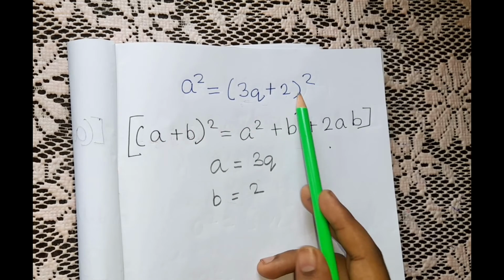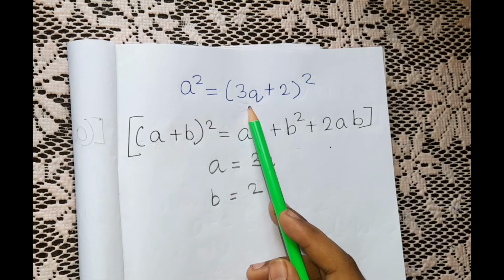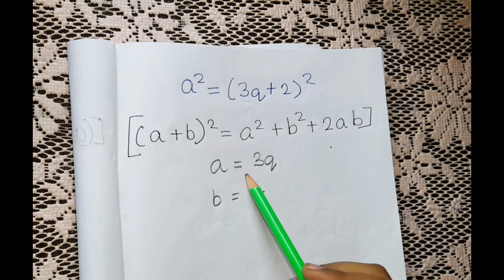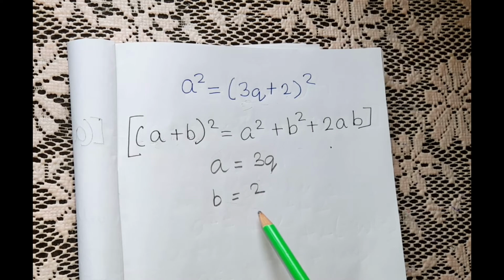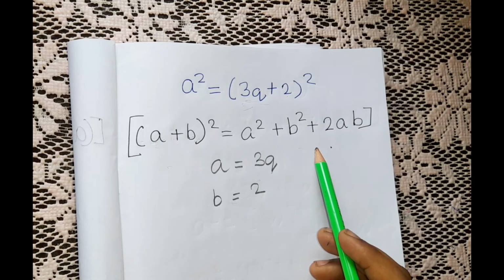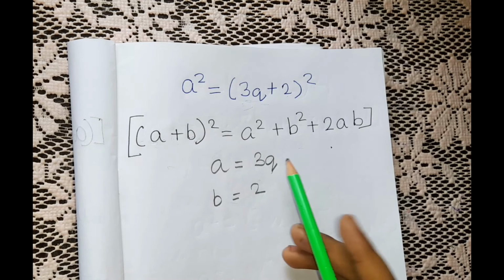So here in the a place it is 3q and here in the b place it is 2. In this formula, wherever you see a, it is 3q, and wherever you see b, it is 2.